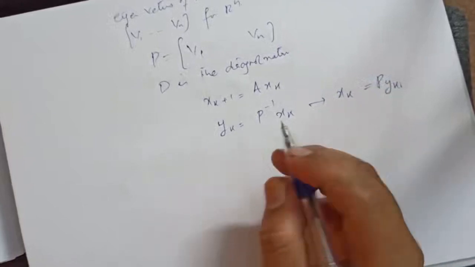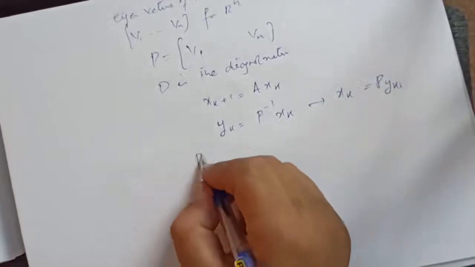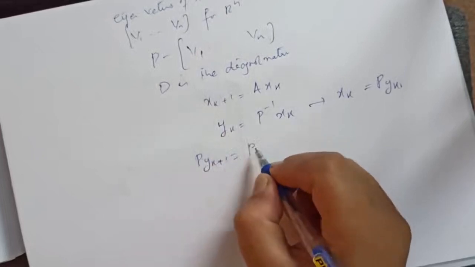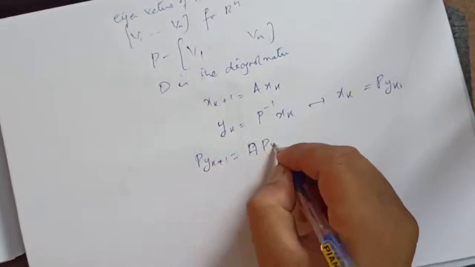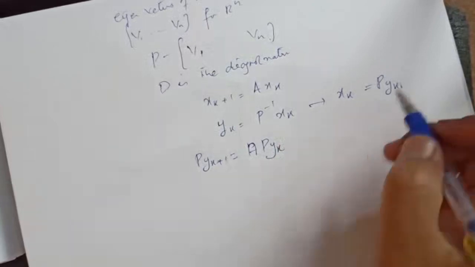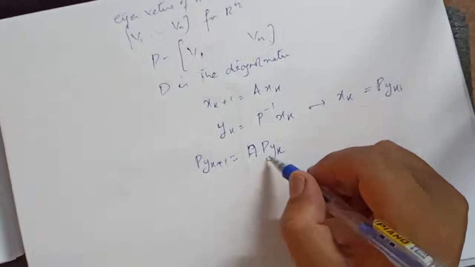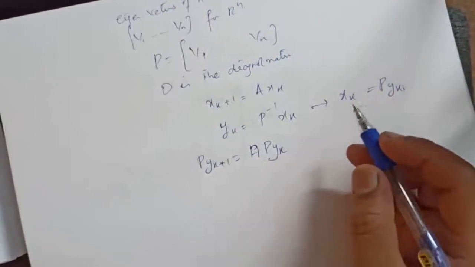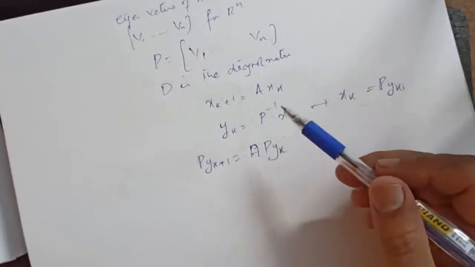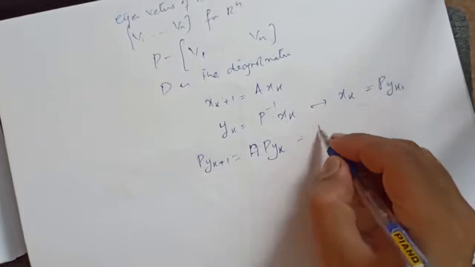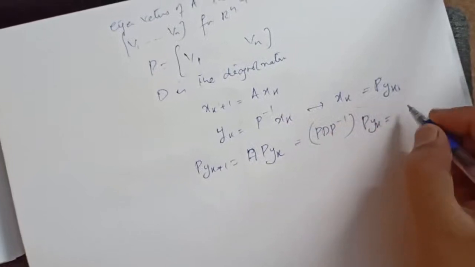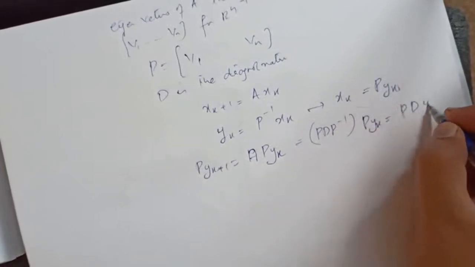Now again, from the similarity condition of similar matrices, P times y of k plus 1 is nothing but A P y of k. Substituting this, we get A P times y of k. Now this can be written as P D P inverse times P times y of k, which is P D times y of k.